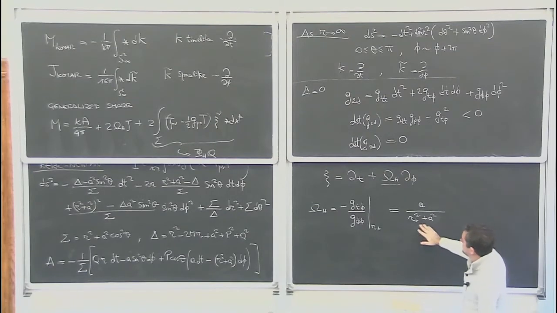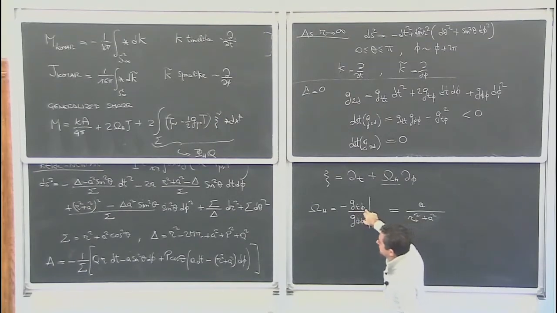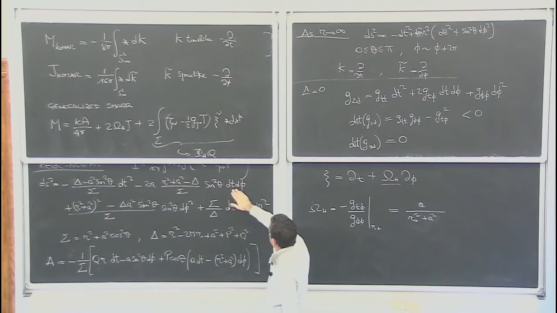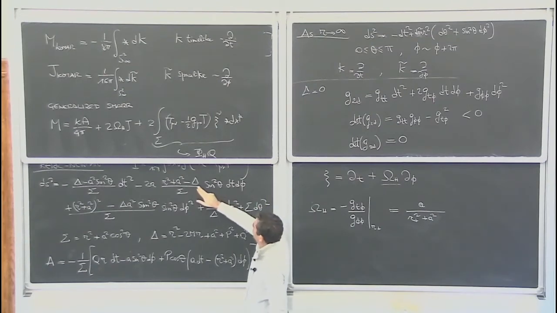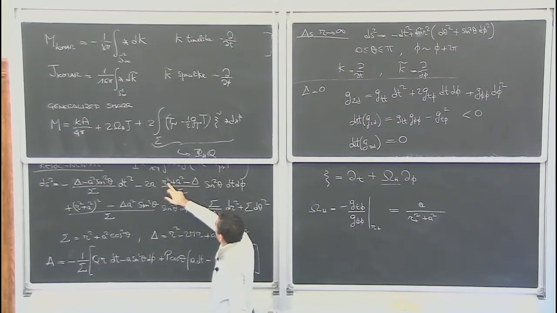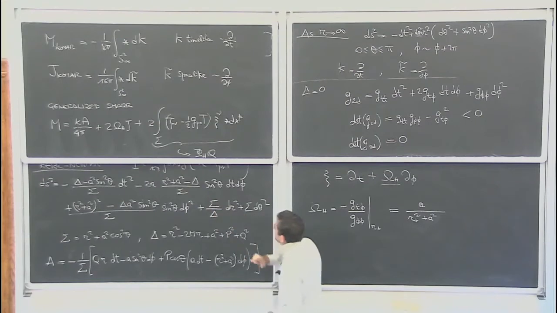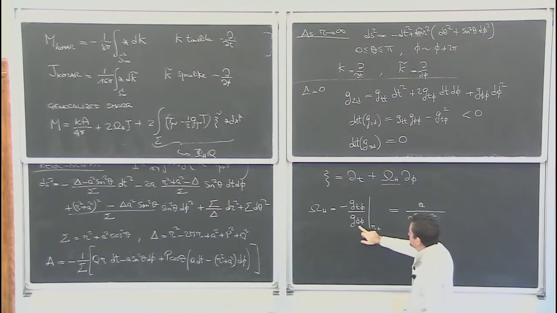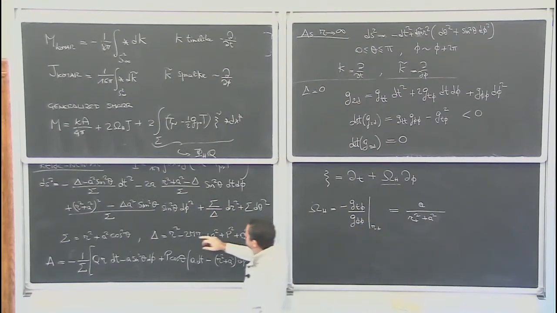How do we see that? So let's look. What is g_tφ? g_tφ is this. I have to evaluate this at delta equals 0. So you see I have r squared plus a squared over sigma times sin squared theta. But I have to divide this by g_φφ. g_φφ is this.